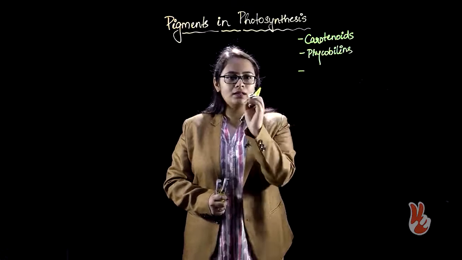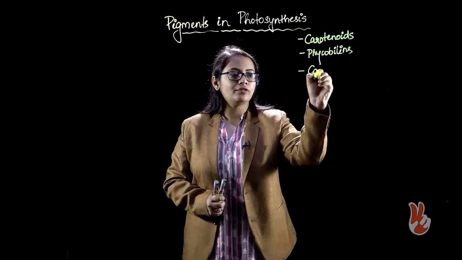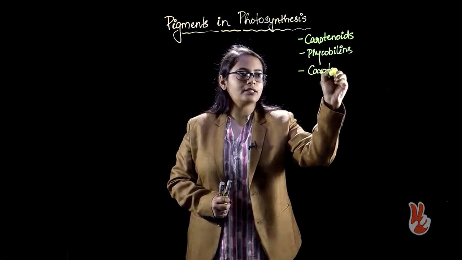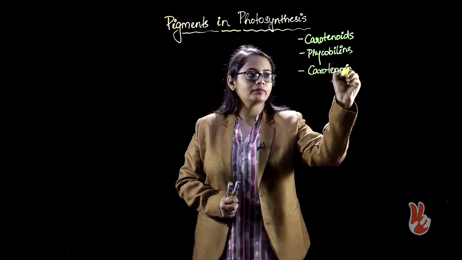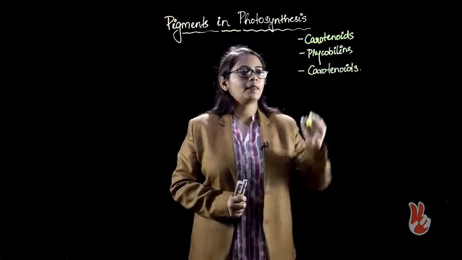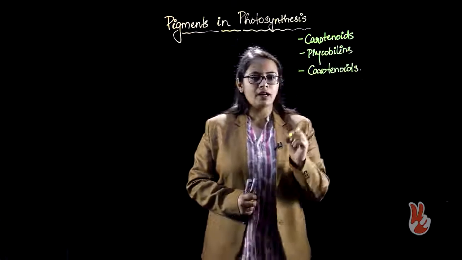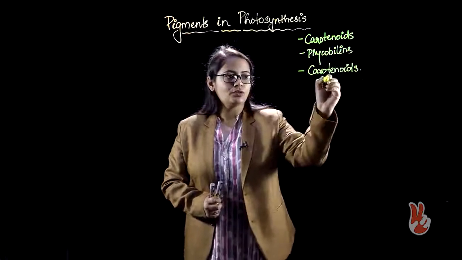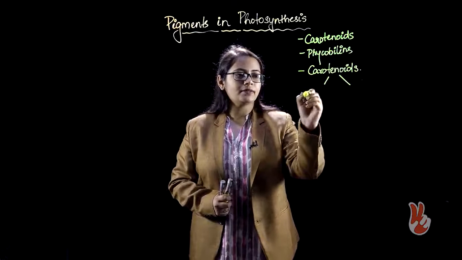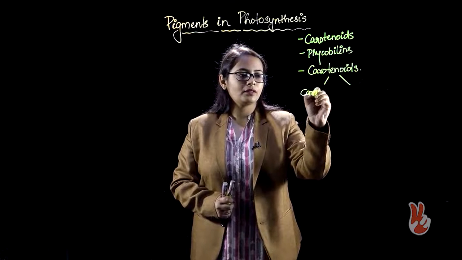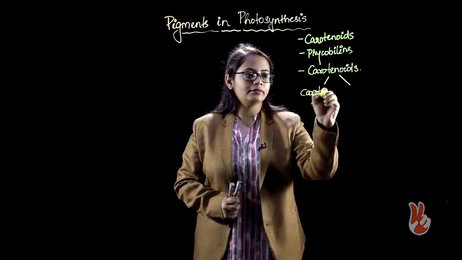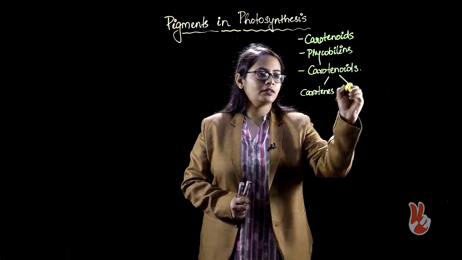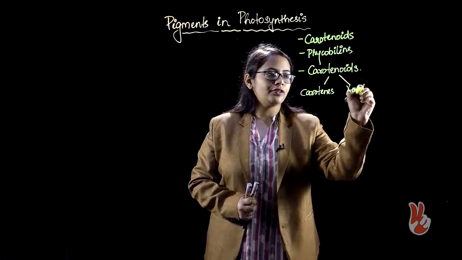Now let us look into the features of carotenoids. The carotenoids are mainly divided into two types, that is carotene and xanthophyll.